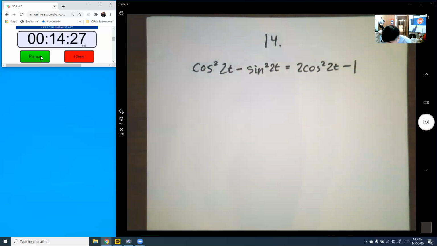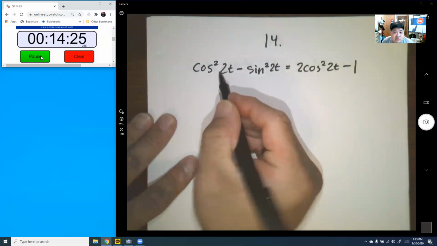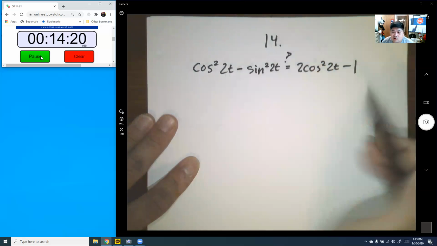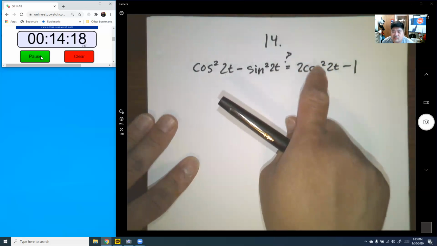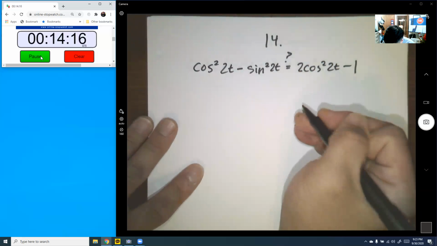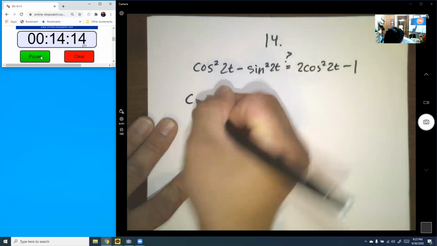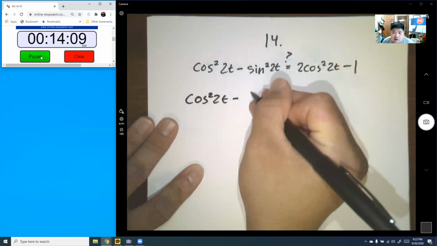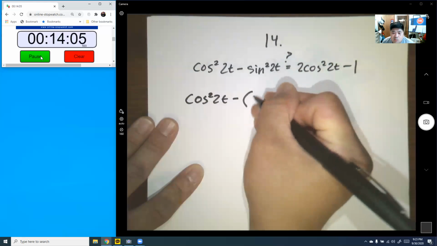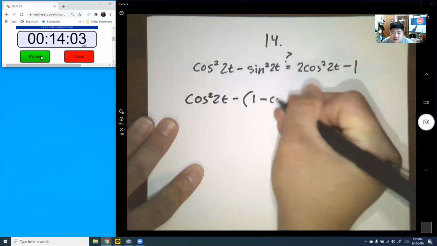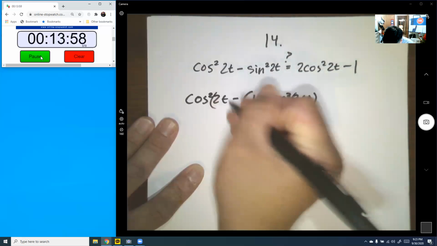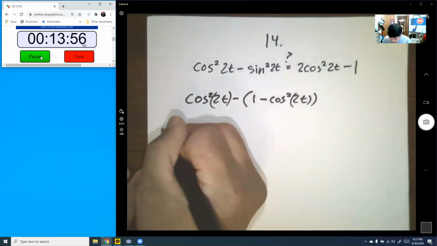All right, let's try another one. Does cosine squared 2t minus sine squared 2t equal 2 cosine squared 2t minus 1? Well, sine squared 2t is 1 minus cosine squared 2t by the Pythagorean identity, the one I just showed before.